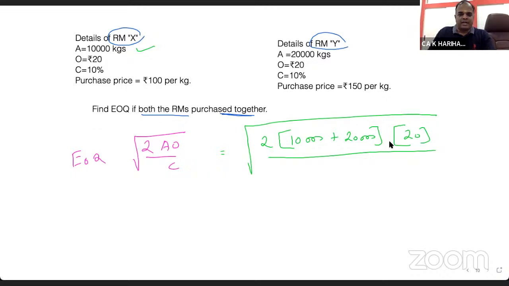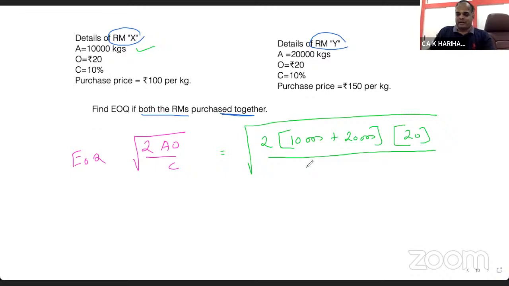Carrying cost comes to how much? ₹100 is the purchase price, out of which how much is the carrying cost? 100 rupees into 10,000 quantity, and 20,000 quantity into 150, out of which 10%.